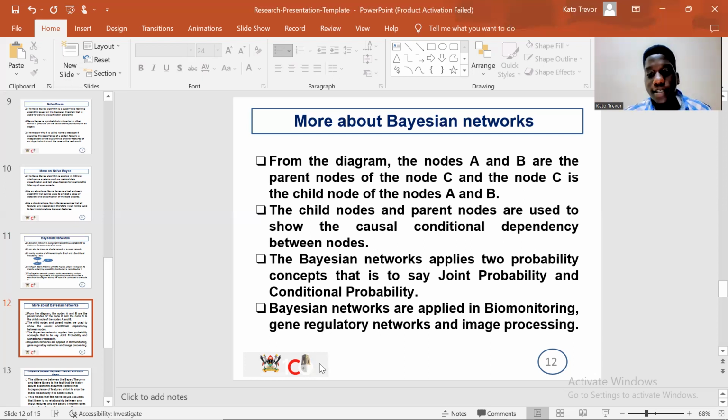Gene regulatory networks are about studying how genes regulate the body. All I know is that Bayesian networks are used to study different pieces of data and see the dependency, how they relate to each other.